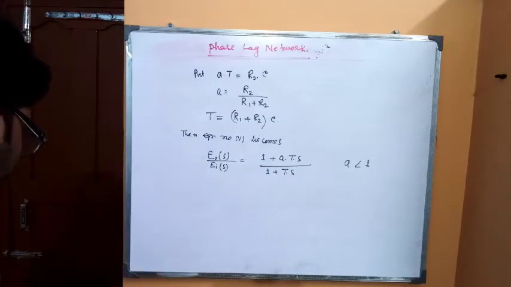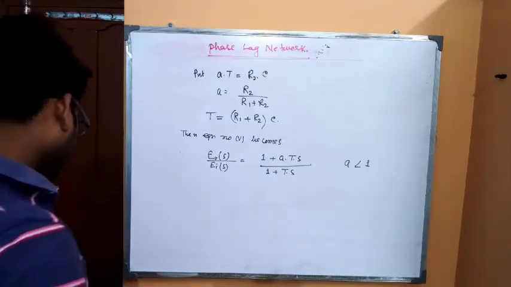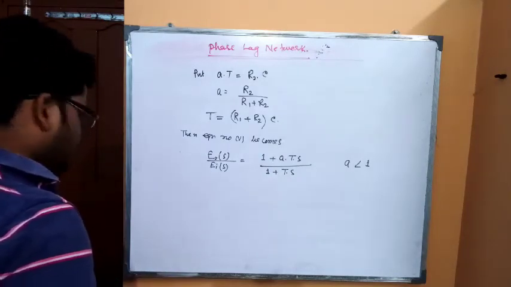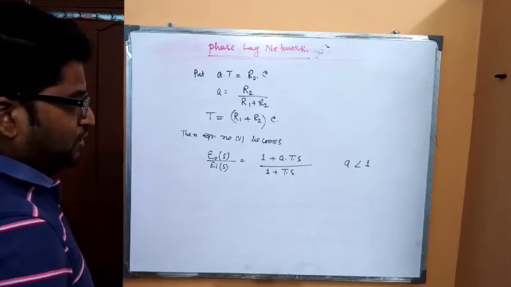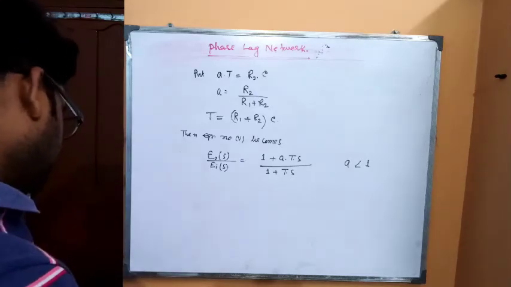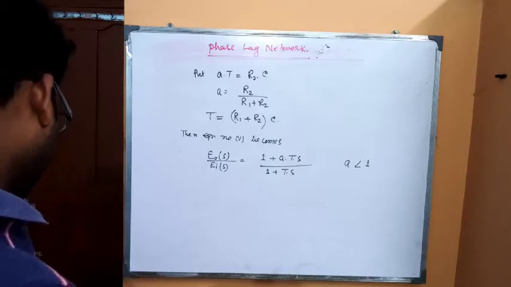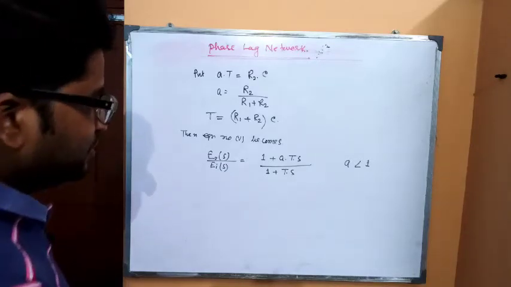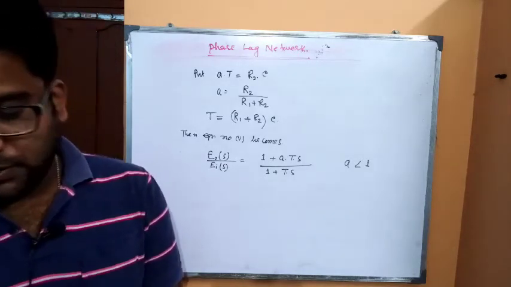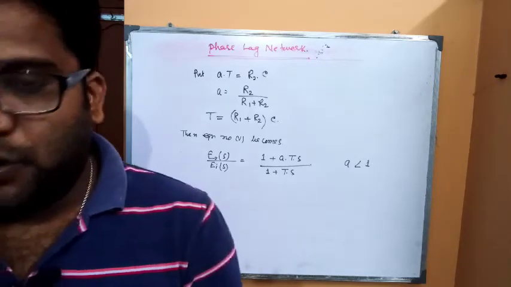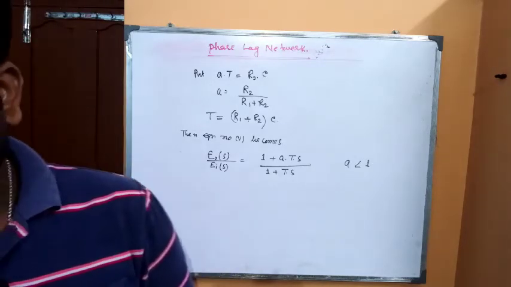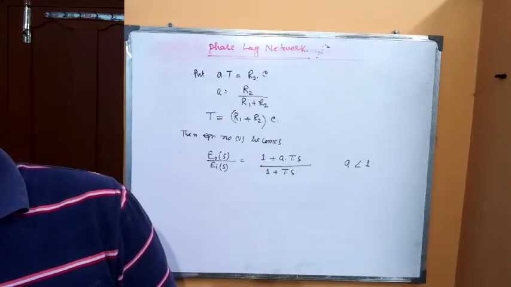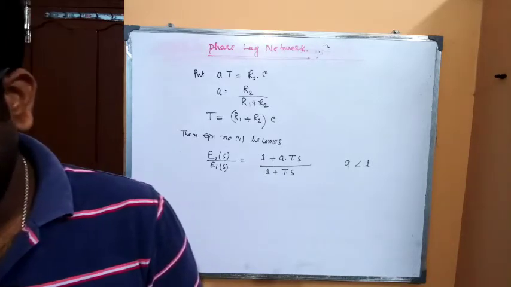Now, so this is the transfer function of the phase lag network. Now in the phase lag compensation, the reshaping of the Bode plot for the low frequency portion is necessary to meet the required specifications.